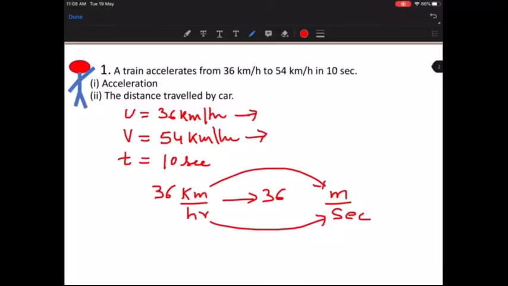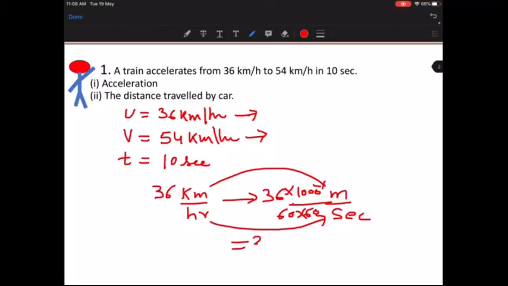First tell yourself, what is 1 kilometer in meters? 1 kilometer is equal to 1000 meters. Then what is 1 hour? 1 hour is equal to 60 into 60 seconds.